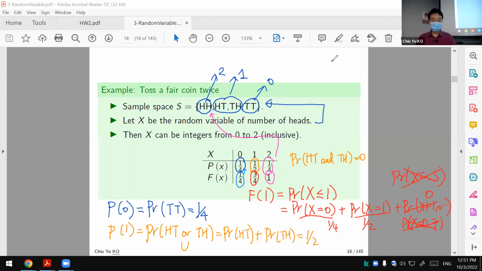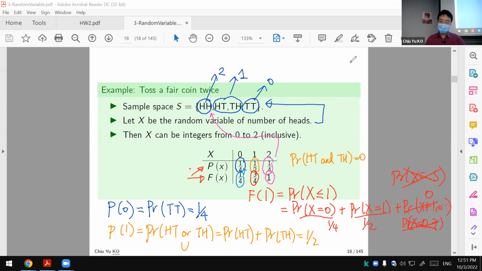If I give you F, you can calculate P. Now here I just give you P, you go to F. But you can easily see that if I give you F, you can go back to P by doing subtraction. If you subtract 1 and 2, you get 2. You subtract 1 from 0, then you will get the 1 entry. So that is how you can change from each one to the other.